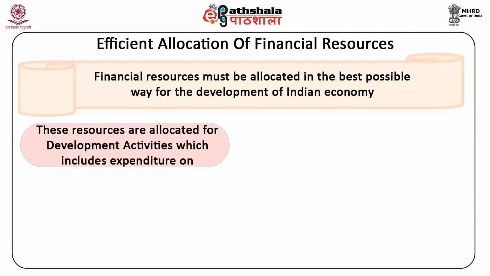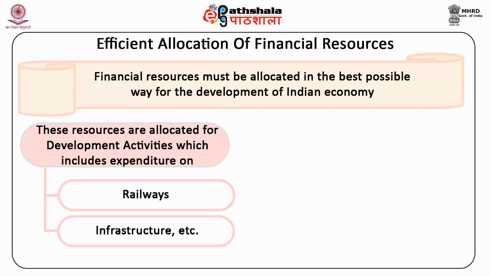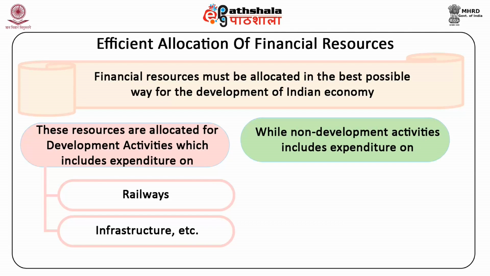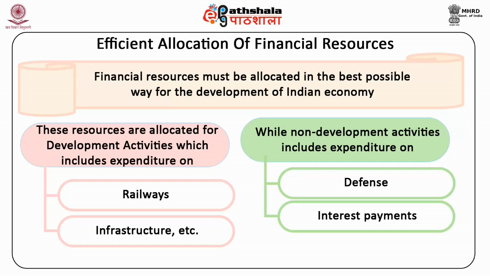These resources are allocated for development activities, which include expenditure on railways, infrastructure, etc., while non-development activities include expenditure on defense, interest payments, subsidies, etc. We focus our fiscal policy on better allocation and greater generation of resources.